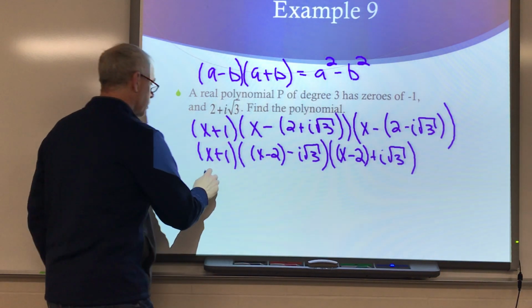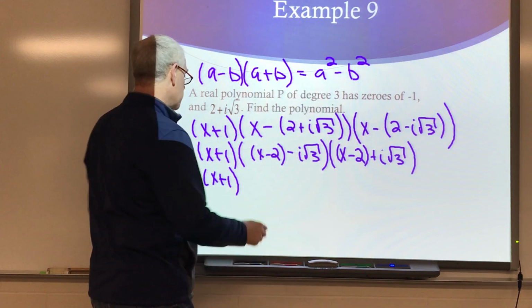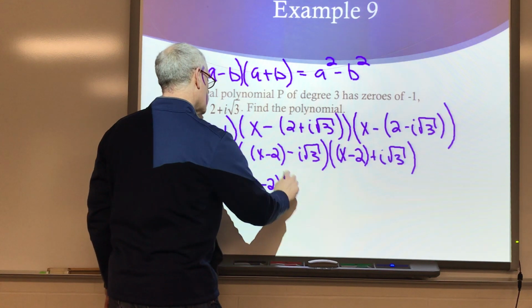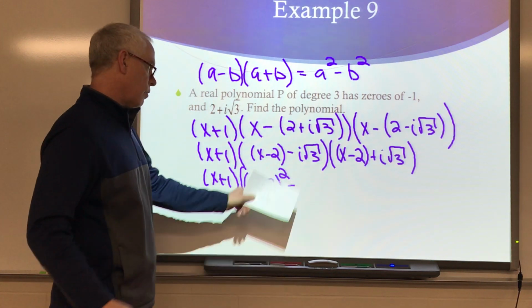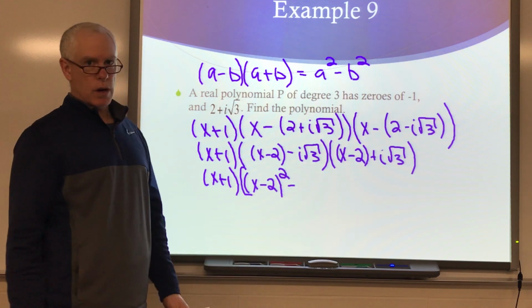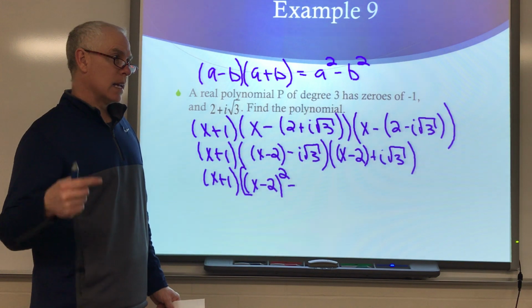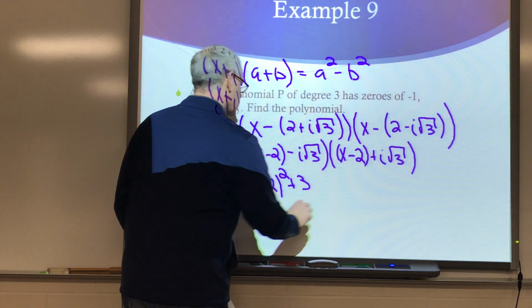Okay, so I've got the x plus 1. And if I think of a squared minus b squared, I've got a, which is x minus 2 squared, minus b squared. Well, if I take i square root of 3 and square it, I get 3i squared. Since i squared is -1, I get -3, minus the -3 is plus 3. Okay?